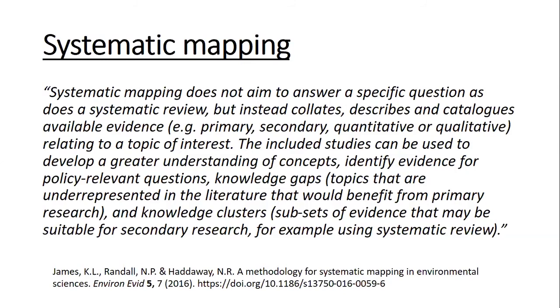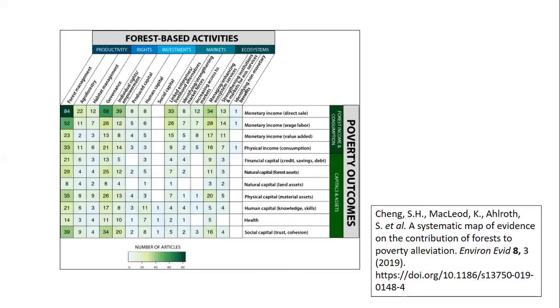An example is this one. This is about whether forest-based activities contribute to reducing poverty. This matters because for a lot of remote communities, the interaction with the forest is important in bringing in food or other kinds of resources that they need, or for economic development.